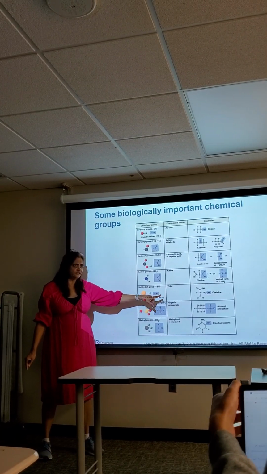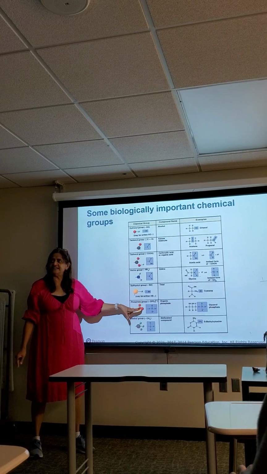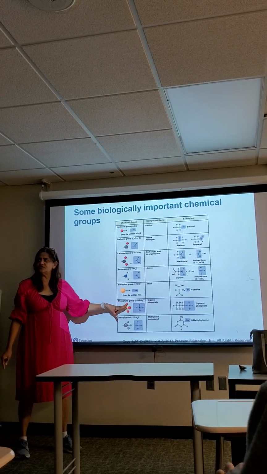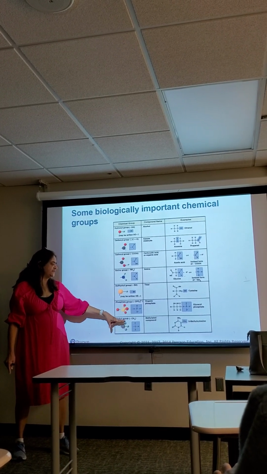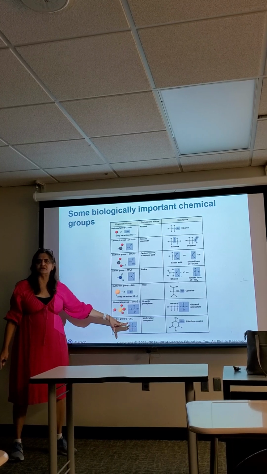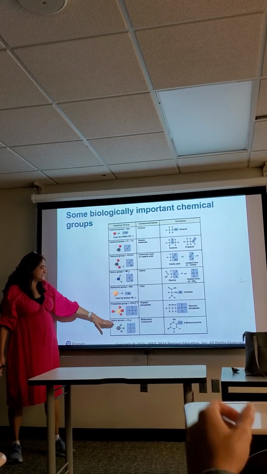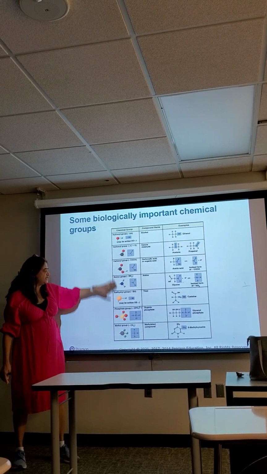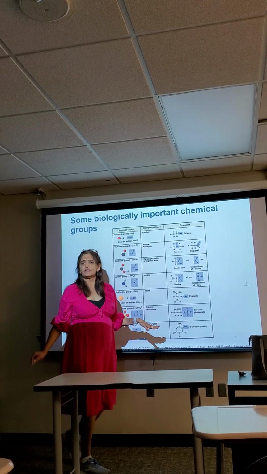Phosphate group is PO4. It is found in the DNA nucleotide. You know that nucleotide? And then the methyl group is the CH3, which I have been talking about. All of these groups except the methyl group are polar. That means groups 1 to 6 are going to dissolve in water, but not the methyl group. Make sense?